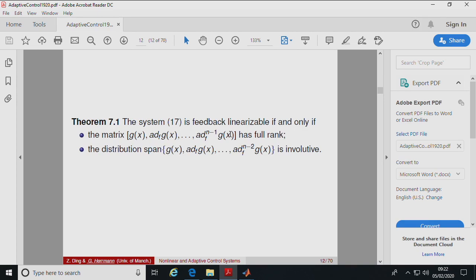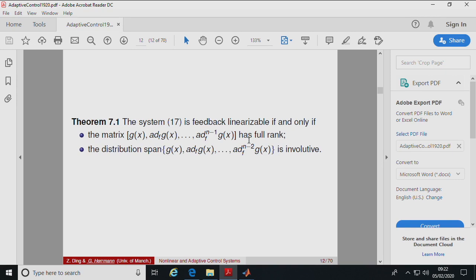And we saw that for particular examples, we need to test this matrix in dependence on the state variables. The determinant of this matrix doesn't come up as a constant, but is dependent on the state variables. So we have to make sure that this matrix is full rank within our full state space.